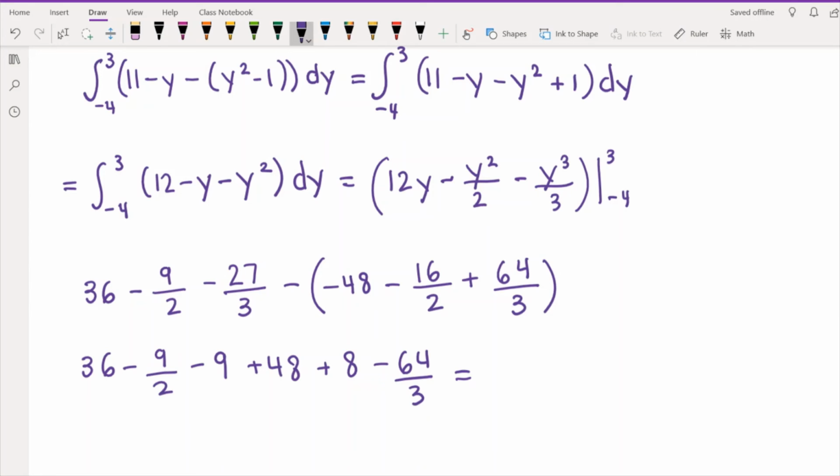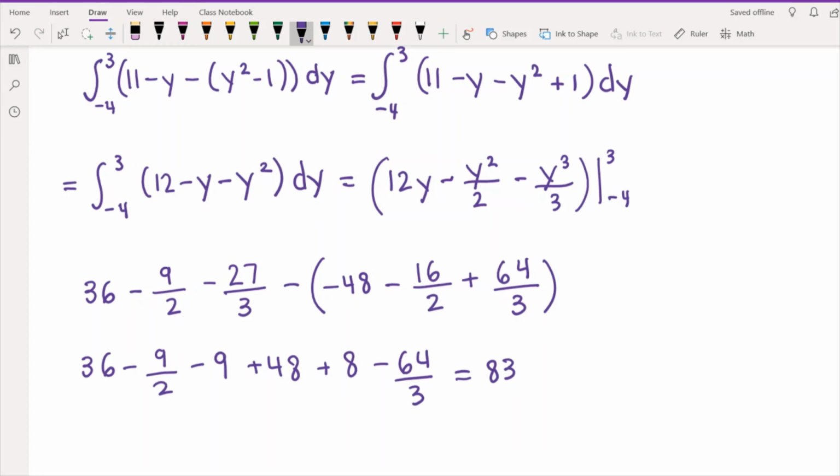So maybe let's look first here. -9 plus 8 is just equal to -1. So that gives us now 35 if we add that with the 36. And then 35 plus 48 is going to give us, so that's, I think, 83. I hope I did that right. 35 plus 48. Yeah, I believe that's 83.